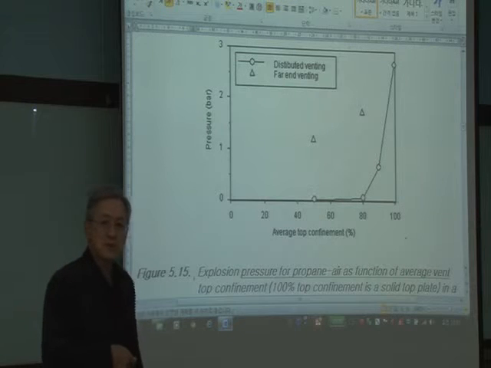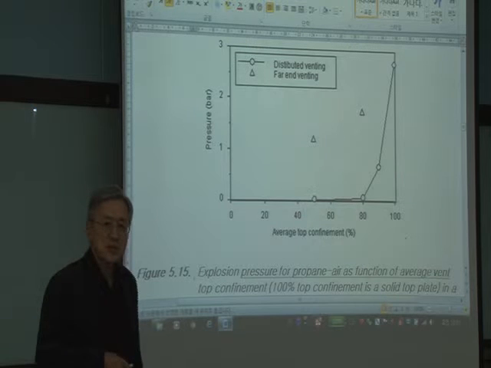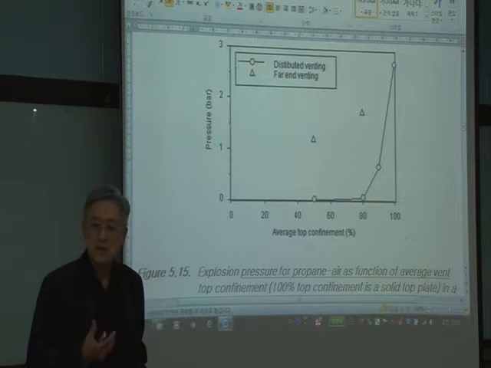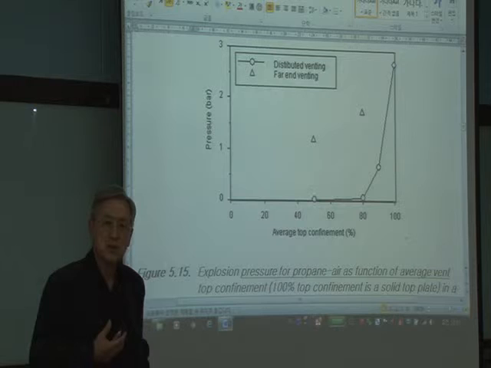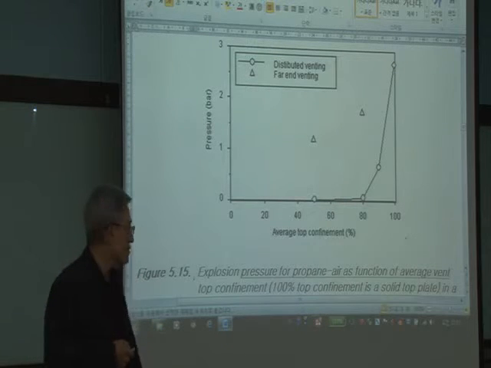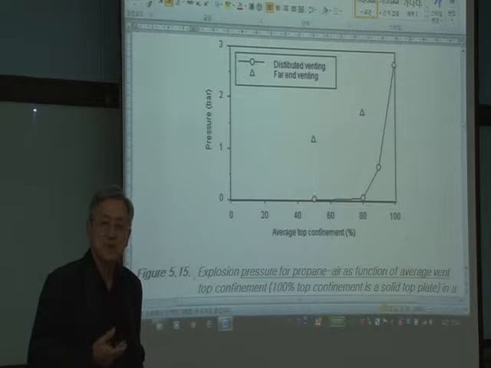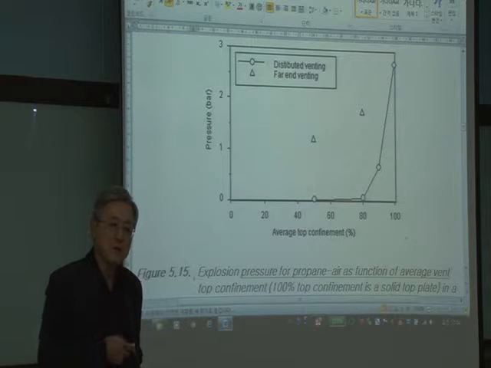But the interesting thing here is what? When it's about 80%, 80% of the top plate has opening, then from 0 to 80%, the ventilation holes remove the pressure really well. That's what that is.